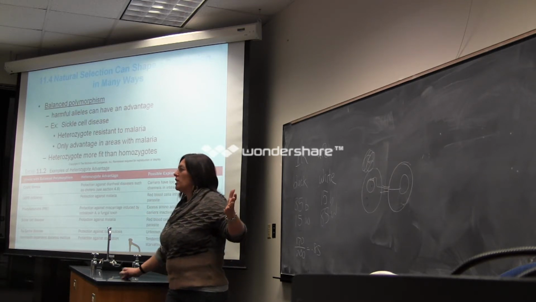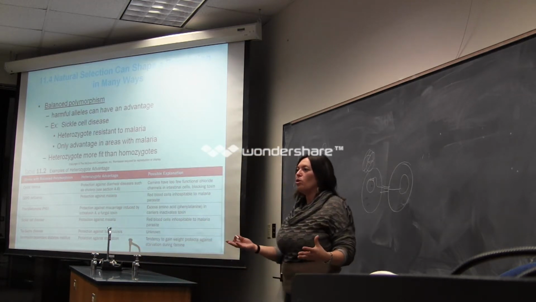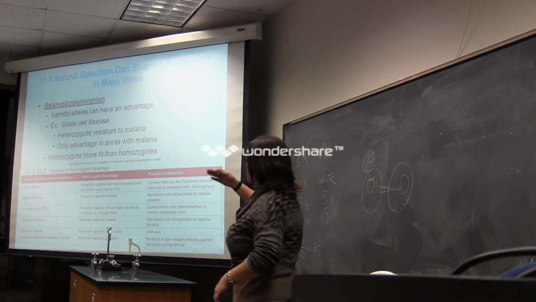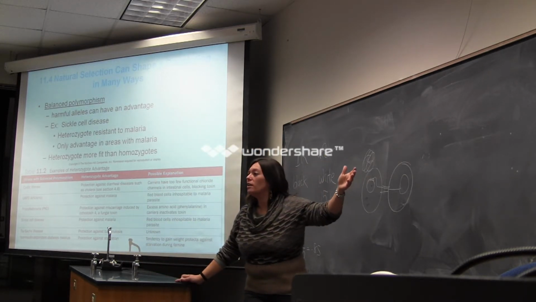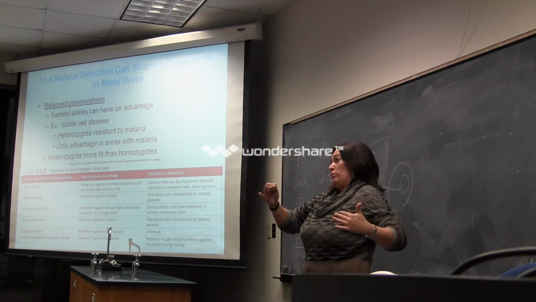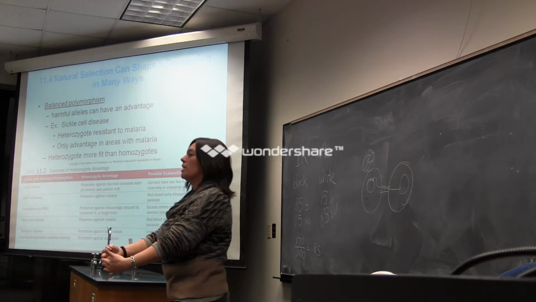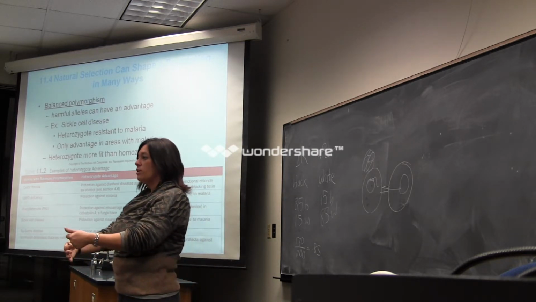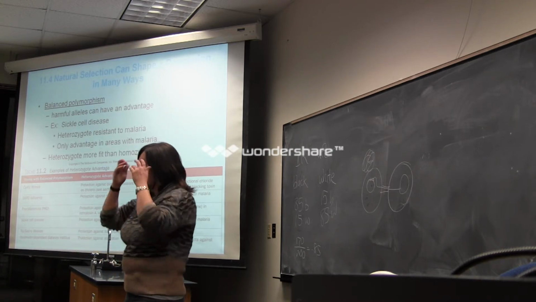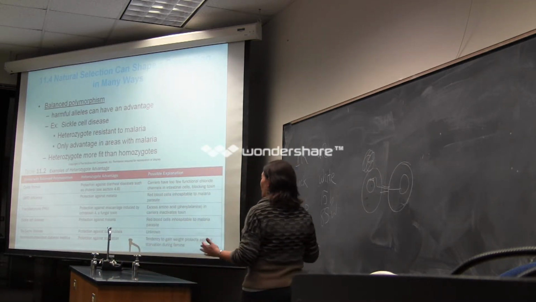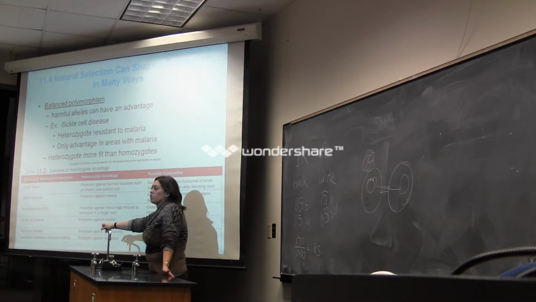Malaria is a huge issue in Africa, and since sickle cell is more prevalent in the African American population, it's almost beneficial to have the trait, especially in that area, because malaria will just kill you. Whereas sickle cell, it kind of sucks, but it's not going to kill you. So there's actually a survival benefit to carrying one of those bad alleles for sickle cell.